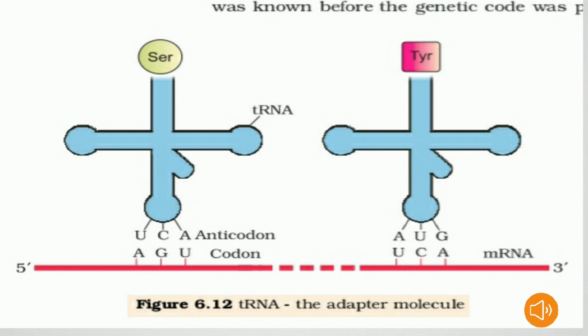Another picture is there. The secondary structure of transfer RNA looks like a clover leaf. It codes for the amino acid tyrosine. The actual structure of transfer RNA is a compact molecule which looks like an inverted L shape.